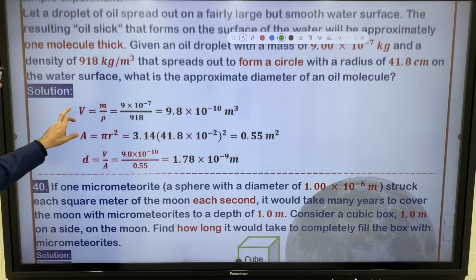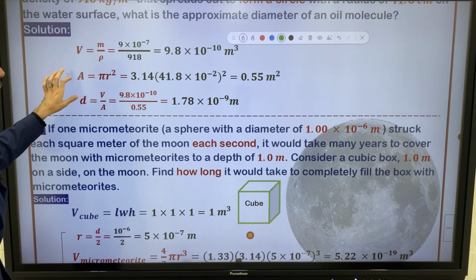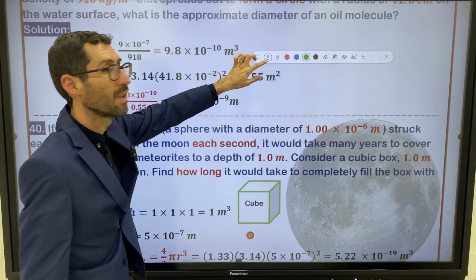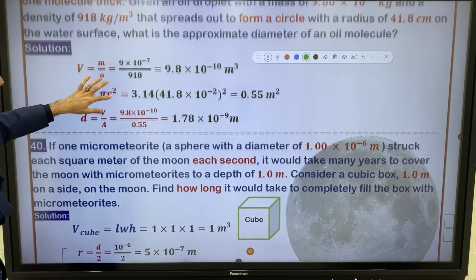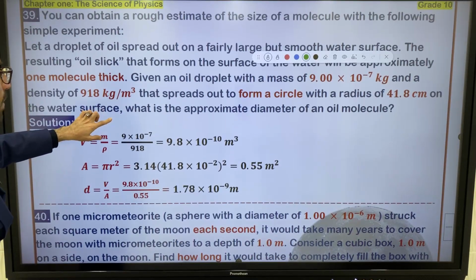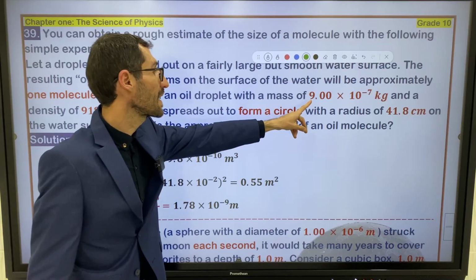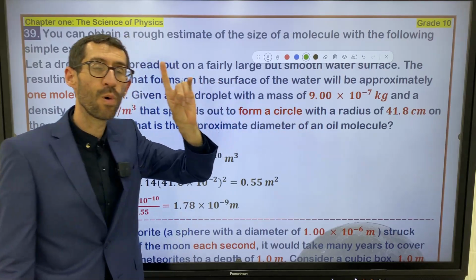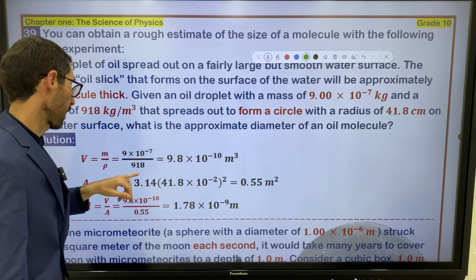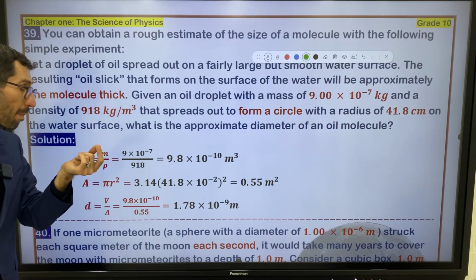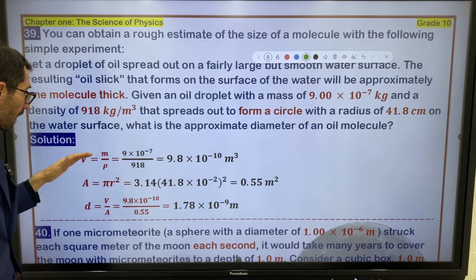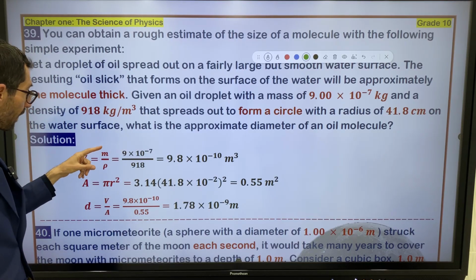How do we solve this problem? Firstly, you have to find the volume of the oil droplet. What's this number? 9 times 10 to the power negative 7. This is the mass of only 1 droplet. So this volume is the volume of 1 oil droplet. So M divided by rho.